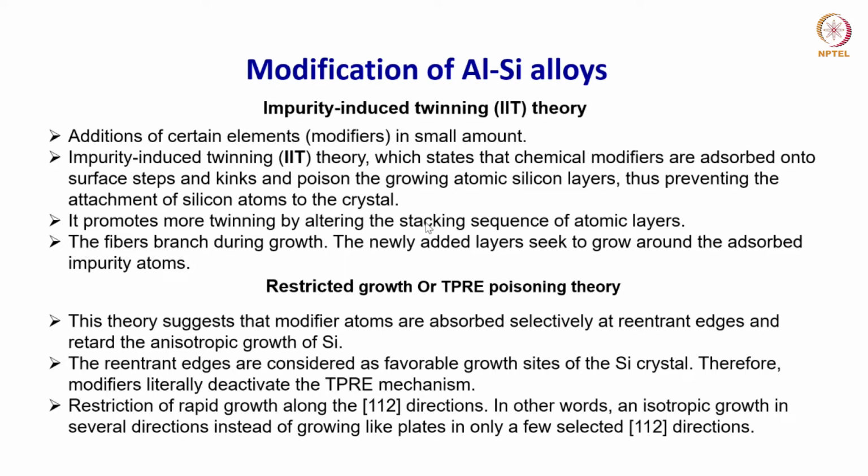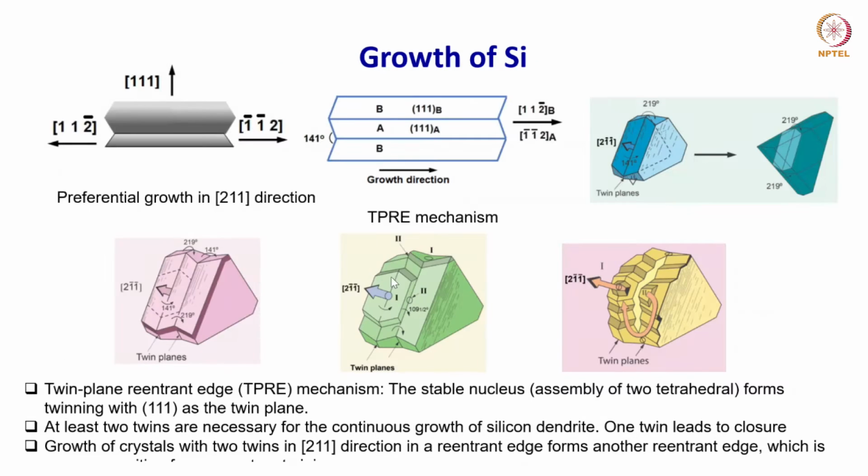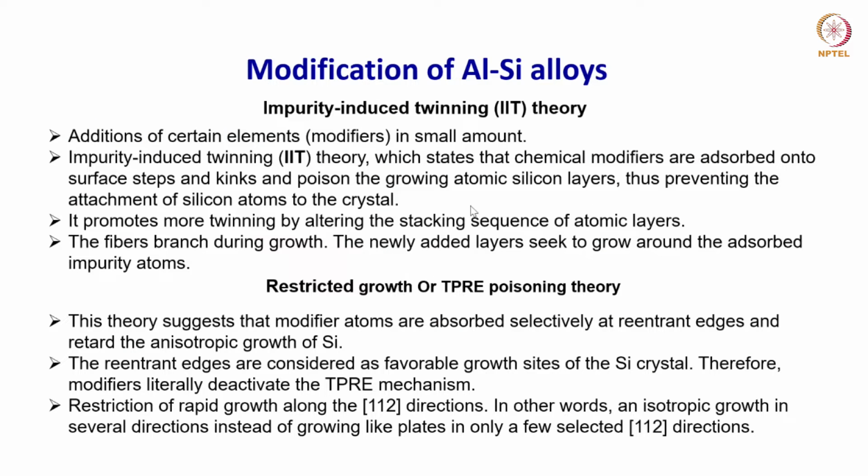Okay, and that is why this particular mechanism is known as impurity induced twinning. Okay, so this will also promote more twinning like what you have seen in this case, but here the sequence of the stacking of the atomic layers will be altered. Okay, so it will promote more twinning by altering the stacking sequence of atomic layers.